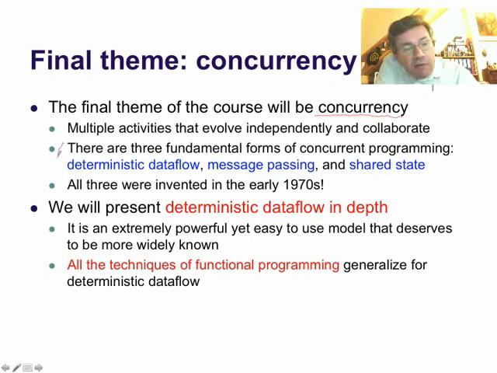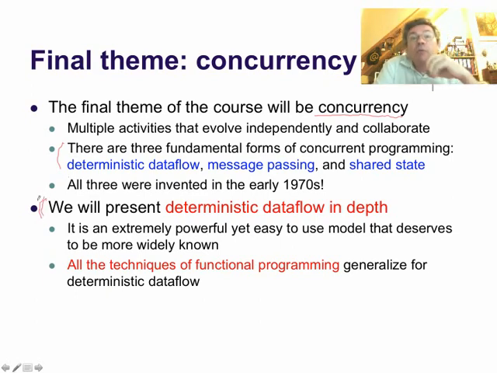There are 3 fundamental forms of concurrent programming, which I call deterministic data flow, message passing, and shared state. It's a very interesting fact that all 3 were invented in the early 1970s, along with many other concepts that are important.